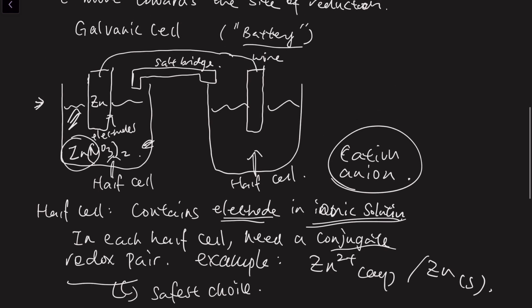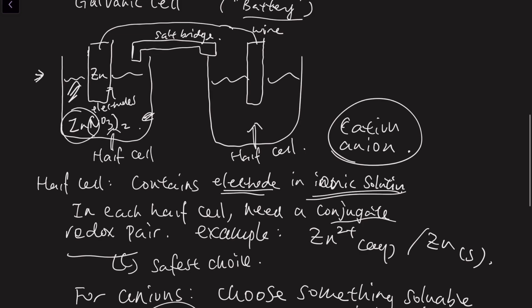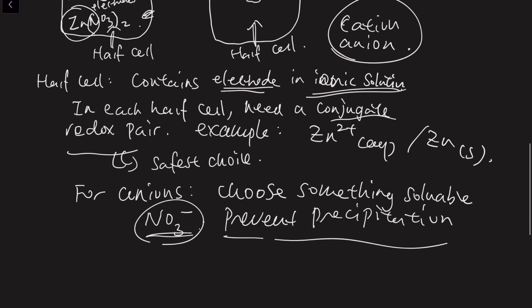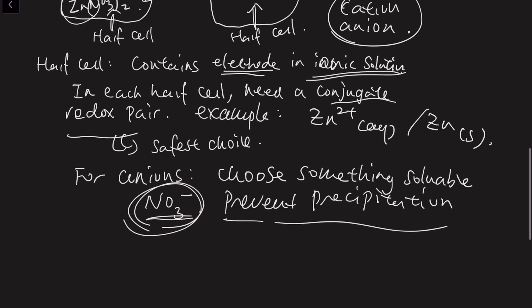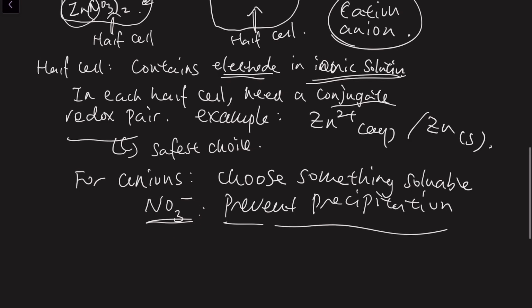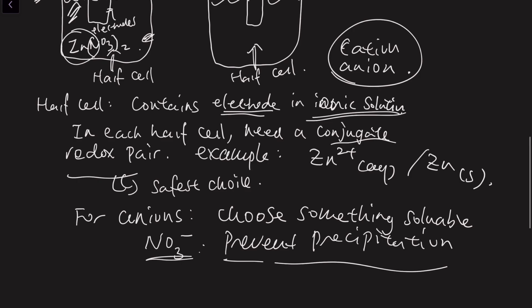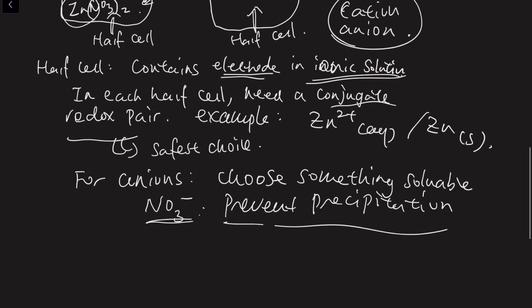All of this will turn into a solid, and then your galvanic cell will not work. We need to choose something soluble. And the nitrate ion is a very safe bet for you. So in the exam, I recommend always using this ion as your negative ion. So it is always safe.